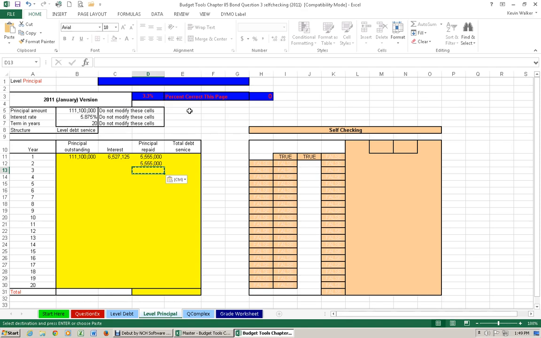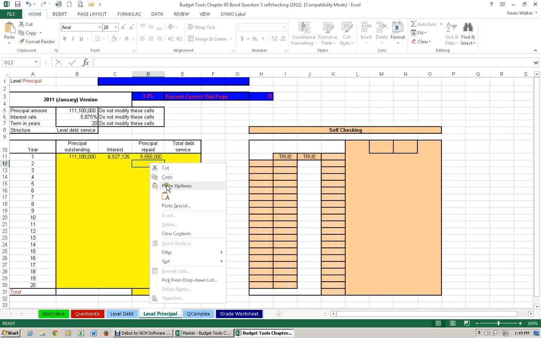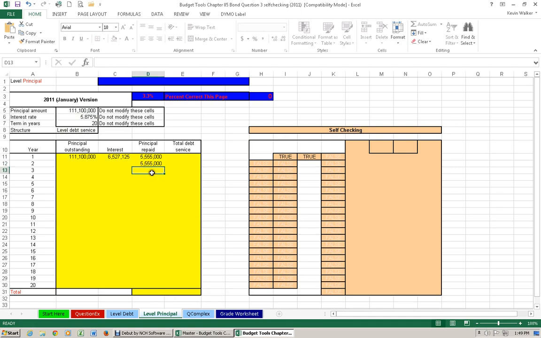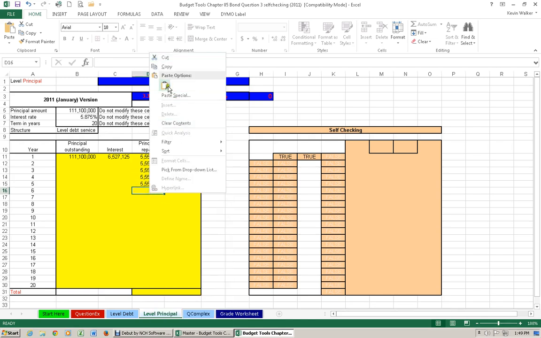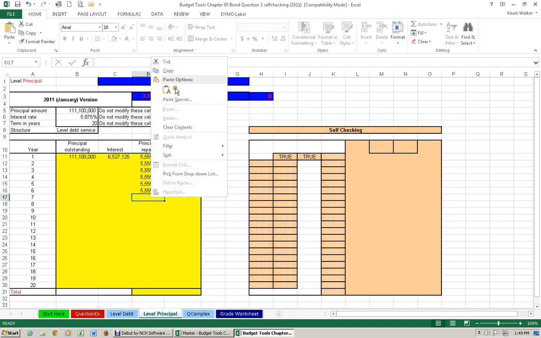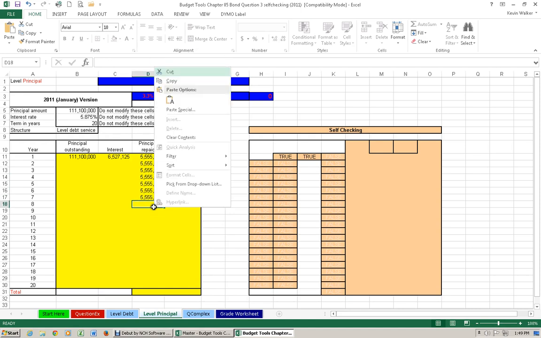Assuming that I didn't do something stupid there. Let me back up. Paste. Come on. That's what happens when you're using a new and improved spreadsheet or new and improved system. All right. So right down the line, you can just copy the same formula in because this is equal principal payments.